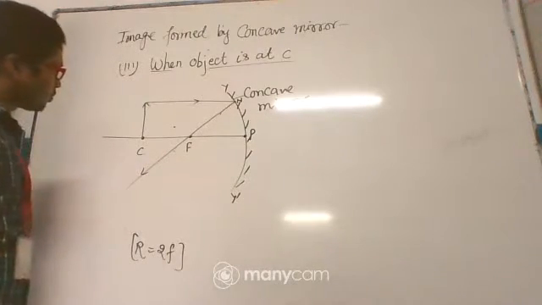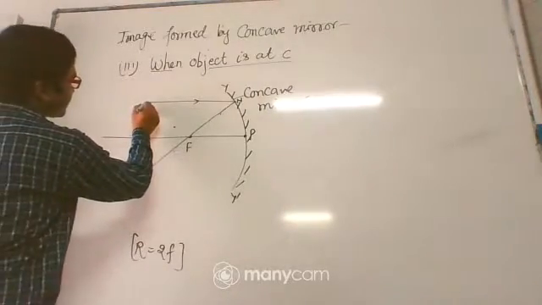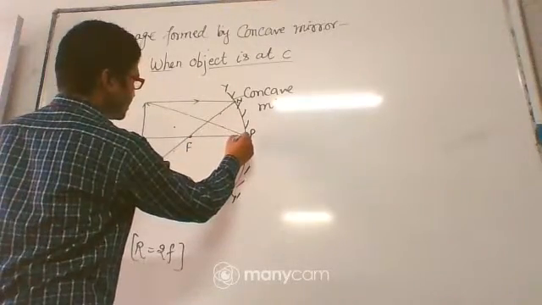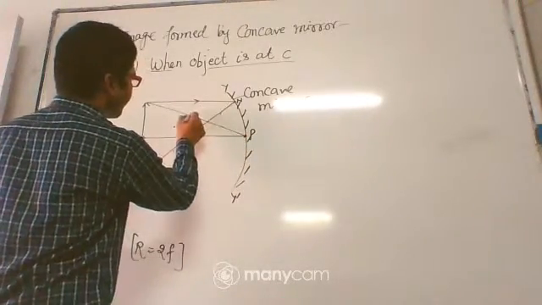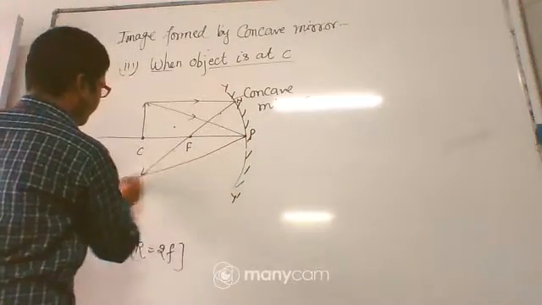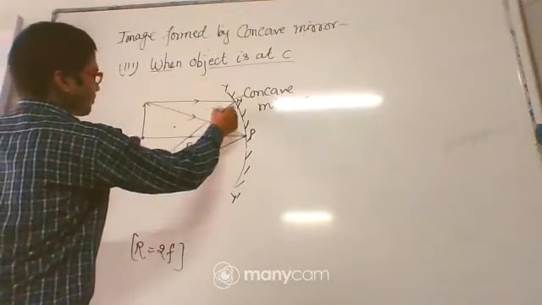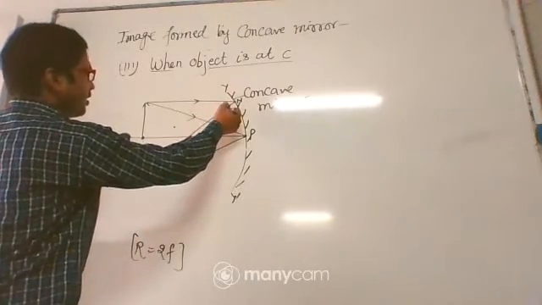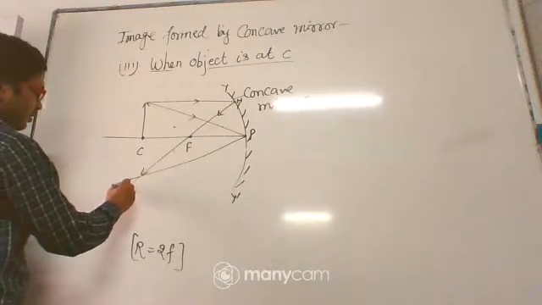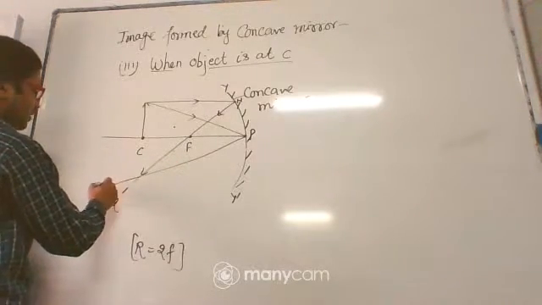Okay, so you can see here the second light ray is reflected from the pole in this direction and intersects the light ray that is reflected from point N. This one is NQ, and this one is PS.